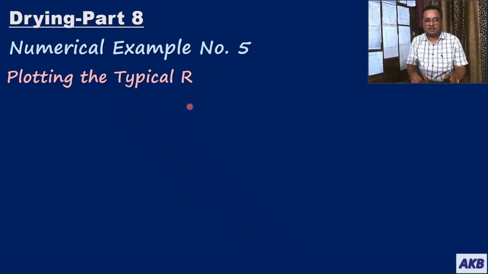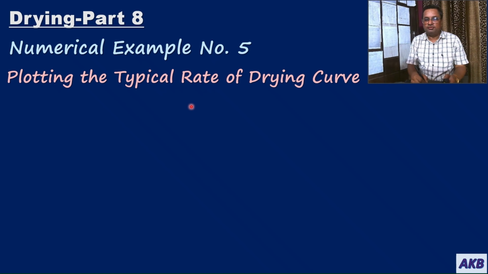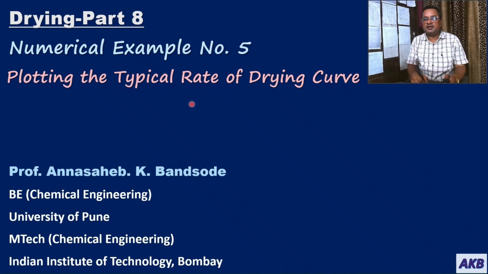So in this you will learn how to plot the typical rate of drying curve. If the experimental data that is generated through a typical drying test is available with you, then we will learn how to use that experimental data to plot the typical rate of drying curve. So let us begin the discussion.